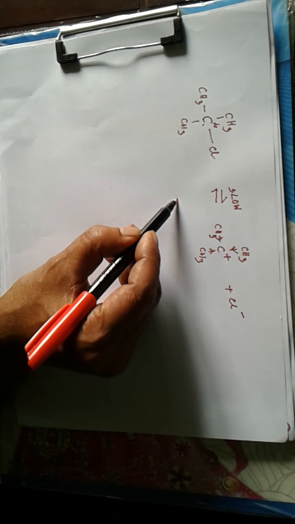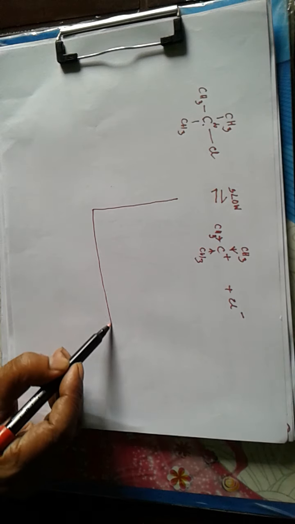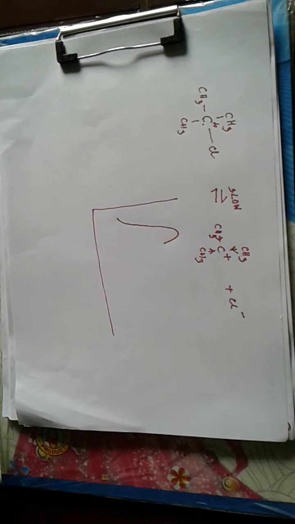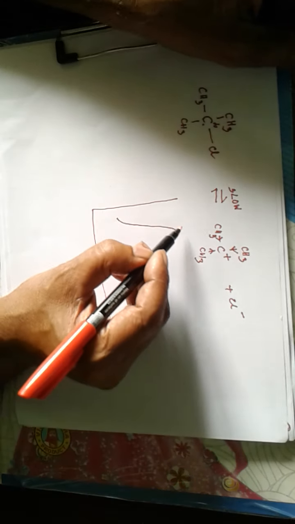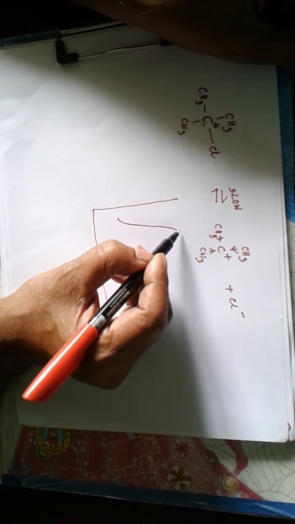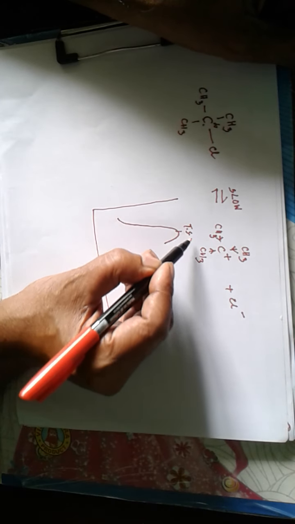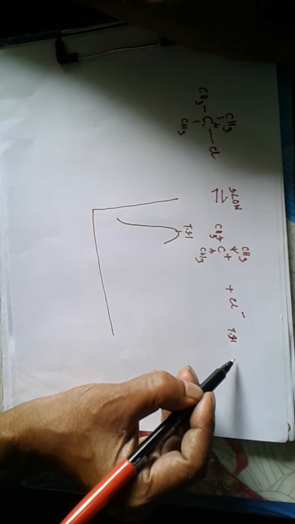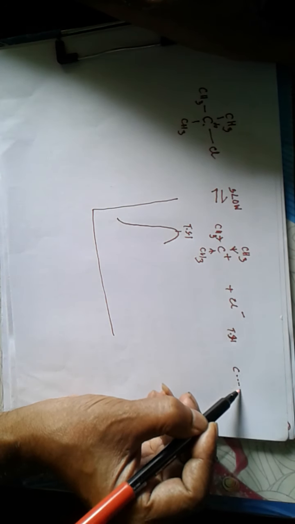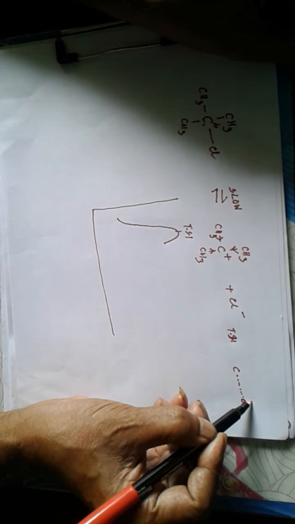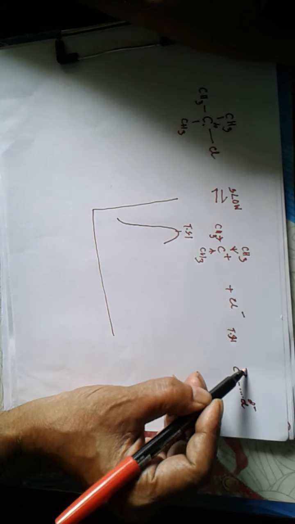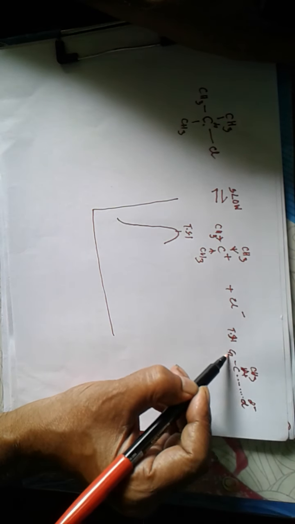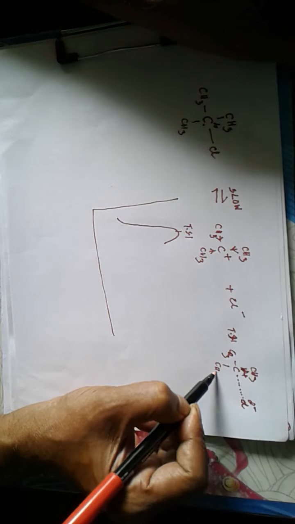So a graph like the one obtained in the case of benzyl chloride is possible, where the transition state 1 will be having an approximate structure like this: Cl delta negative, C delta positive, CH3, CH3 and CH3.